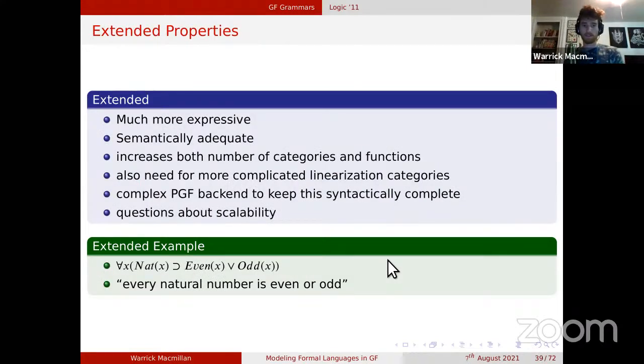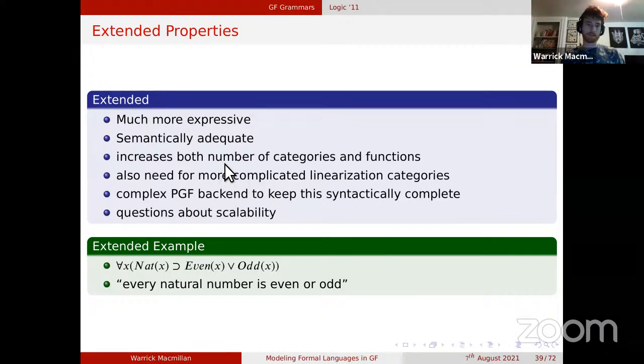The extended syntax is much more expressive. So based off our criteria, it's semantically adequate. It increases both the number of categories and functions, and therefore it also has more complicated linearization data that you need to keep track of.